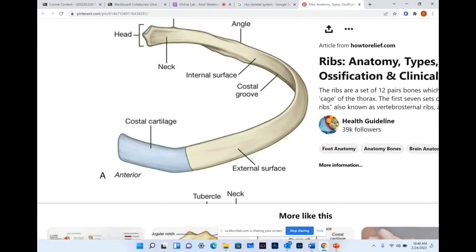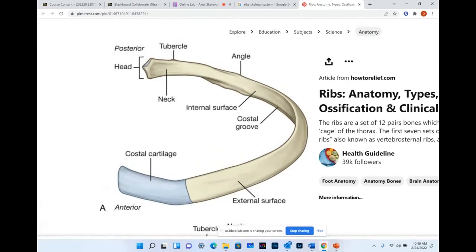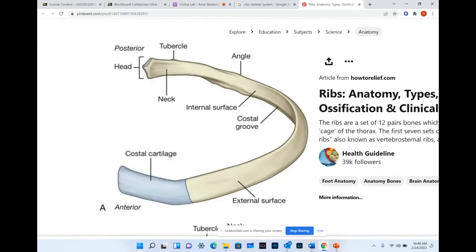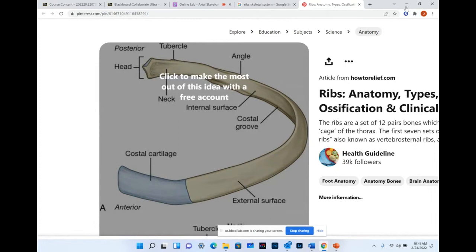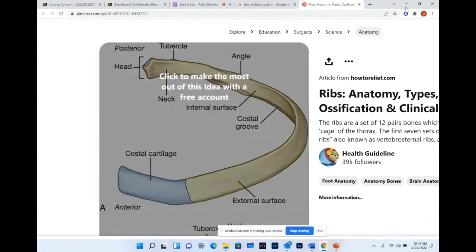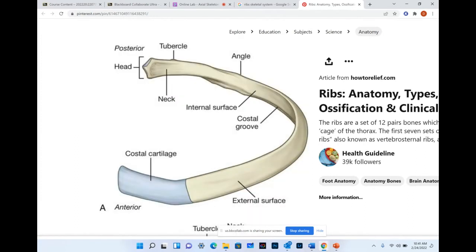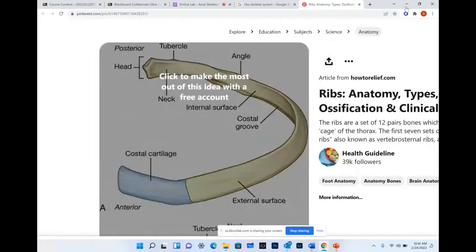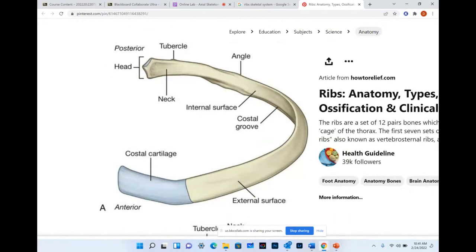Do you understand that? And then at the back, you see it has a lot of protuberances right here. This is the vertebral end. Lot of protuberances because this is where it attaches to the vertebra. Okay, so there is vertebral end because it attaches with the vertebra and it has all these facets, articular facets and protuberances.